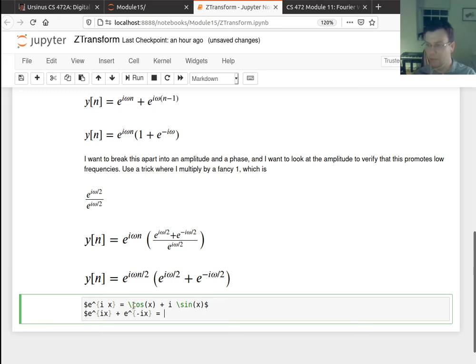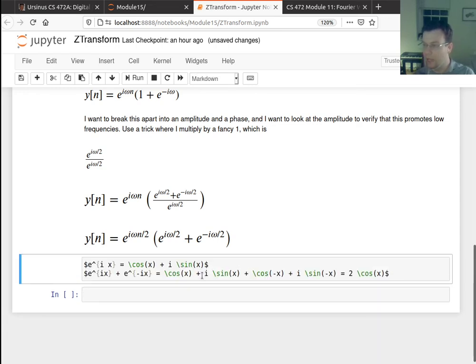Cosine is an even function and sine is an odd function, so this simplifies to 2 cosine x.